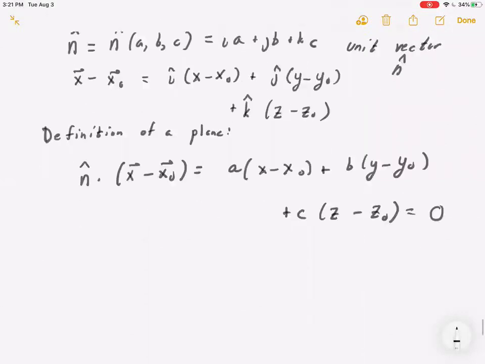Now let's rewrite this. On the left-hand side, I have my constants a, b, and c, and my variables x, y, and z. The right-hand side, I'm going to have constants a, b, and c, and constants x naught, y naught, and z naught. Let's just define that as a new constant, d.